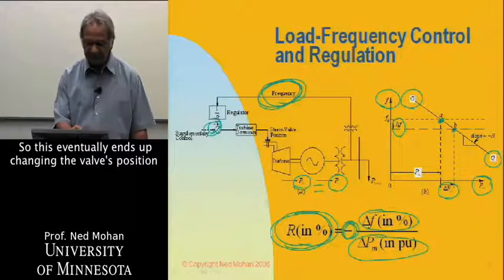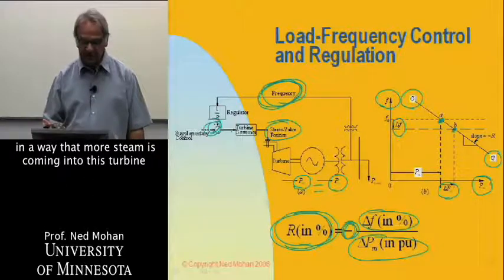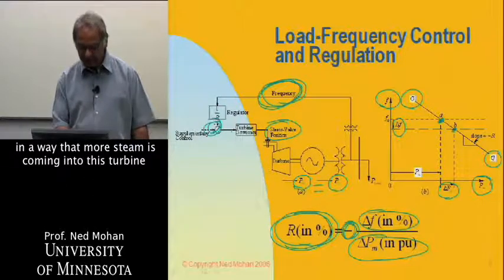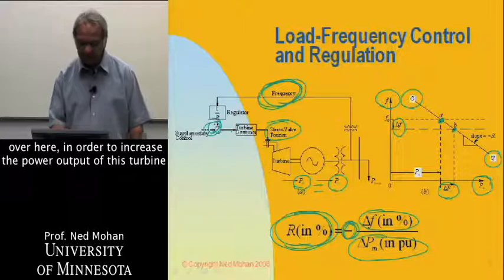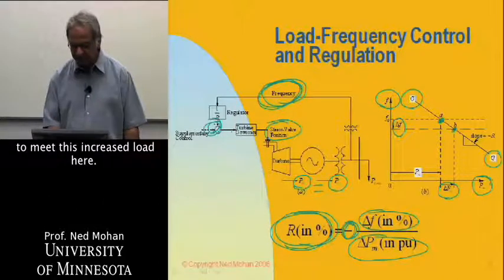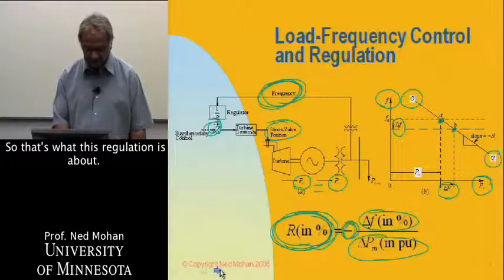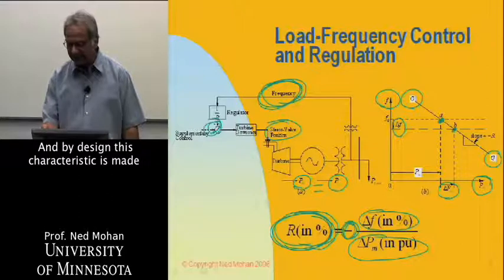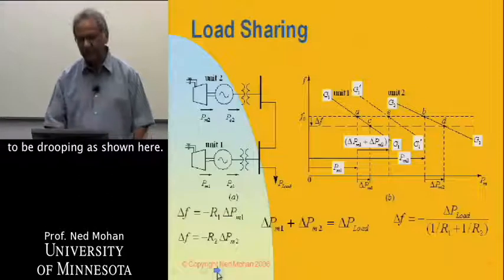This eventually ends up changing the valve position so that more steam comes into this turbine, in order to increase the power output of the turbine to meet this increased load.